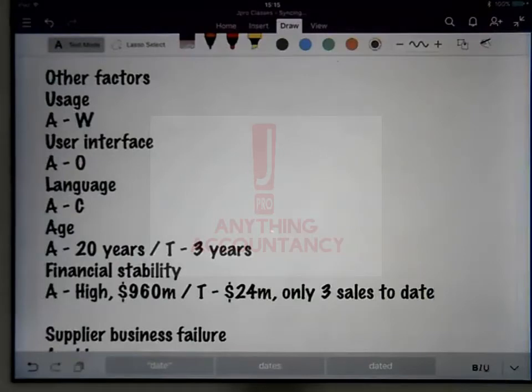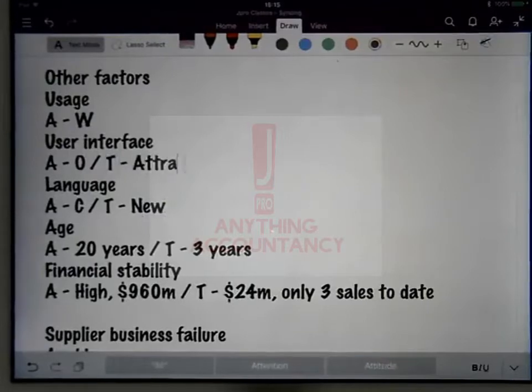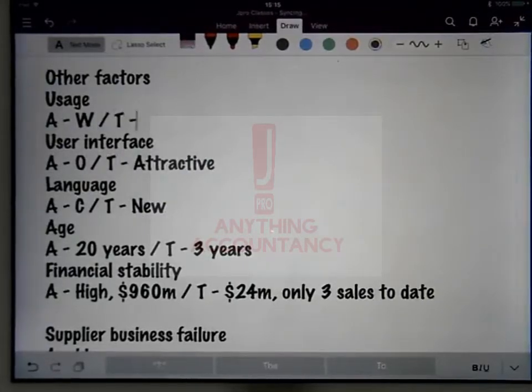Does that make sense? Language? New. User interface? Attractive. Usage, T is low.